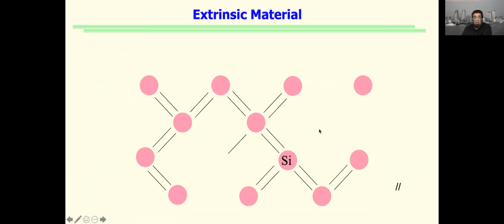So now in an intrinsic material, if you dope it with aluminum, what kind of material is this? P-type, because it is contributing a hole, right? What are the groups that are p-type dopants?